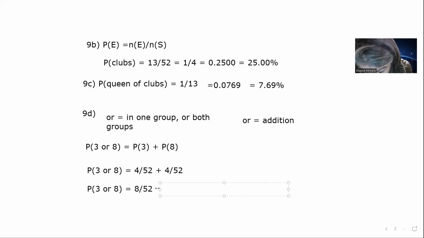I reduce this by 4, so I get 2 out of 13. Then I have 0.1538, which converts to 15.38%.